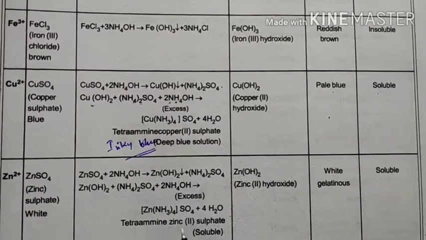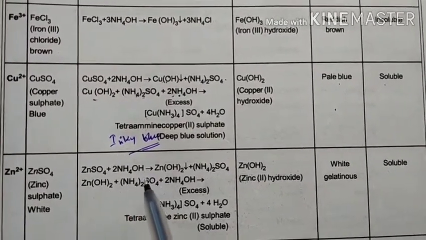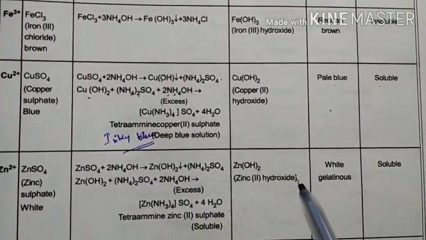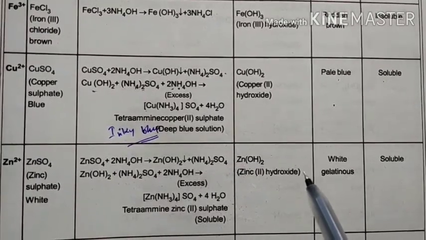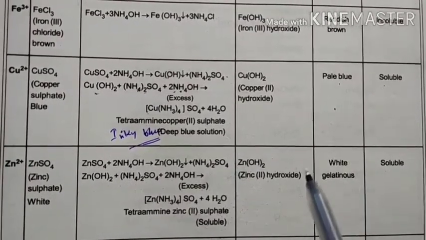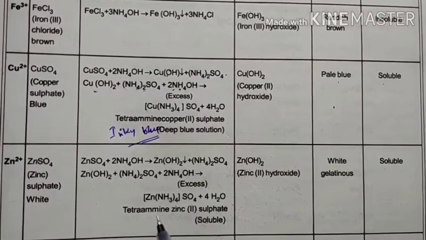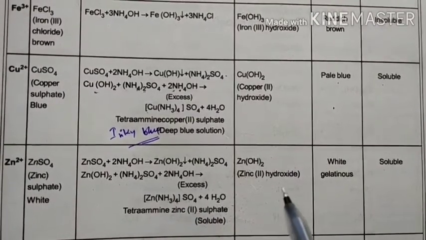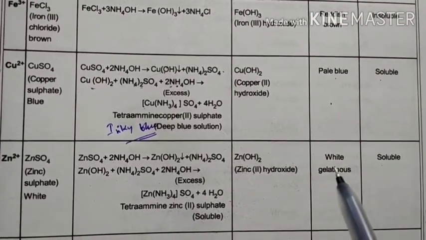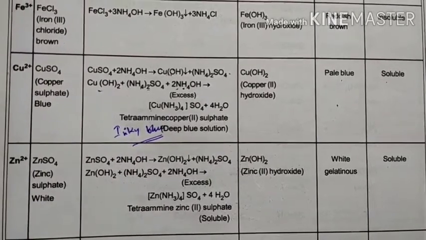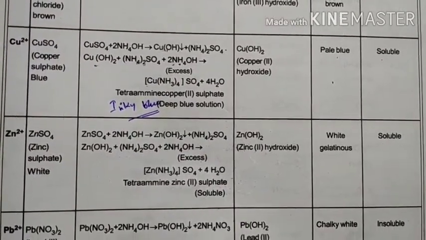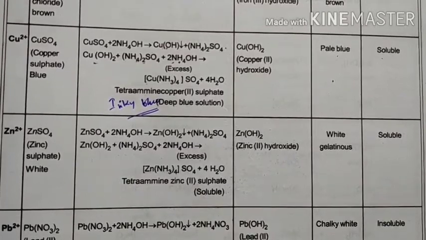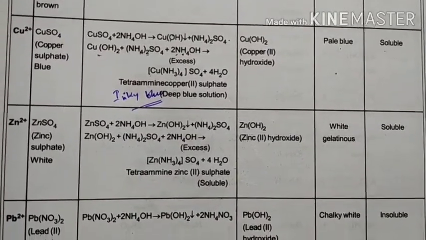Now for zinc, if we add a small amount of ammonium hydroxide, it will form zinc hydroxide, and with an excess amount of ammonium hydroxide, it forms tetraamine zinc sulfate, which is also soluble. So first zinc hydroxide is a white gelatinous substance, and then it forms the tetraamine zinc sulfate, which is soluble.